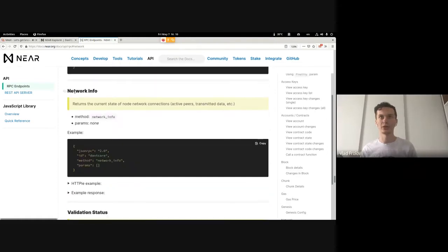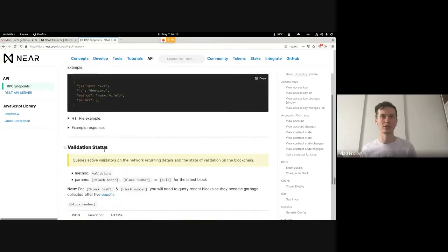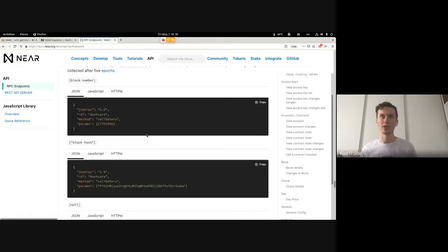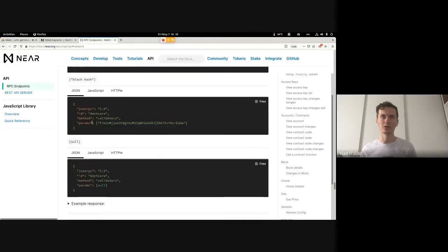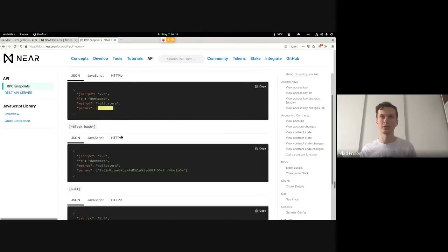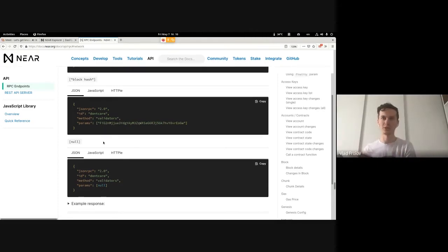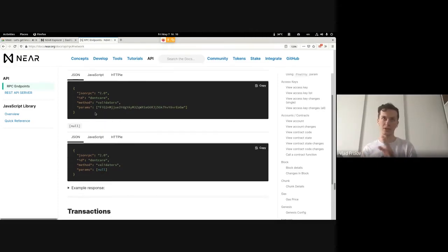There is also another endpoint, network info, which is not very interesting right now. There is validation status. So, when you query the validators endpoint with a block height or block hash representing the specific point in time, you can fetch the information at that point, or you can specify null.